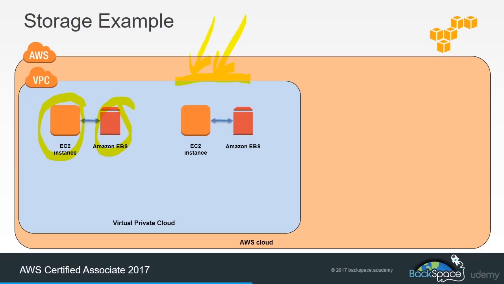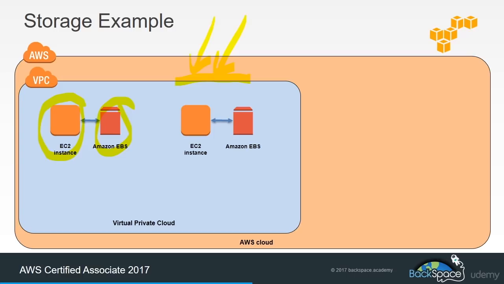And that's very similar to the way we would just attach a hard drive to our desktop at home. And in a similar way, we cannot attach multiple EC2 instances to our EBS block storage. So you can't grab a hard drive at home and connect it up to 2 computers as a block storage device. It just won't work.